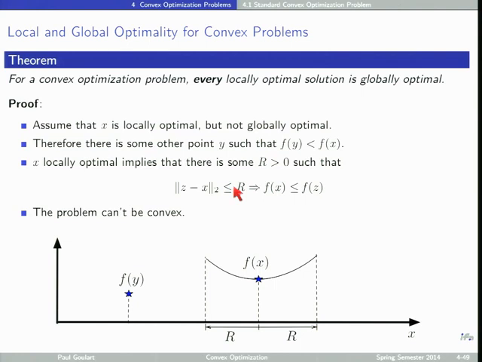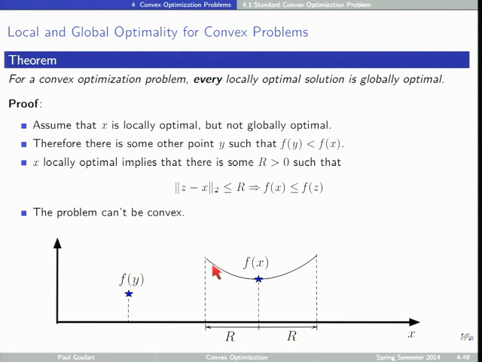So what that means is that I have here the function f, and I take it around f(x). f(x) is the locally optimal point. So the function around it is either curving upwards or it's at worst flat, because it's locally optimal.